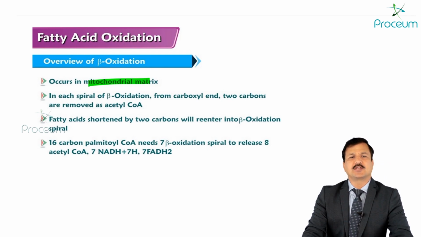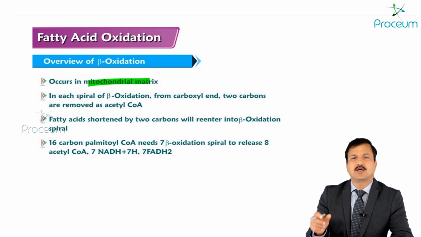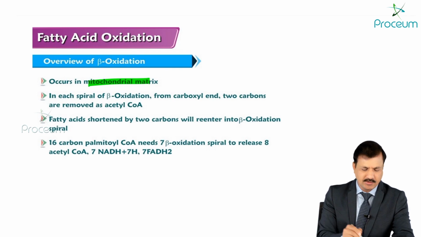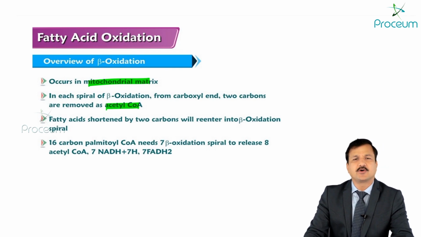In beta oxidation, there will be several spirals going on, where a fatty acid is oxidized starting from the carboxyl carbon, which is the number 1 carbon. At the end of every beta oxidation spiral, there will be removal of 2 carbons at a time, and that will be removed as acetyl-CoA.